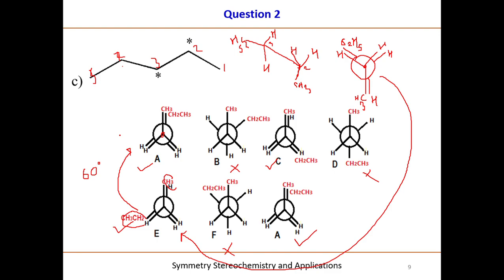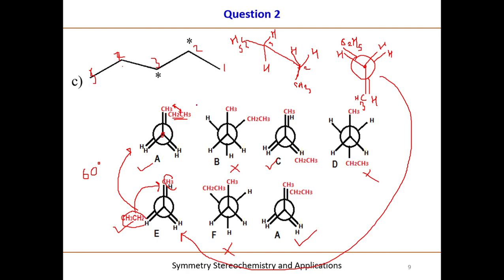If we rotate the back carbon by 60, this C2H5 comes to this side. But the energy of this conformation is very high, because CH3 and CH2CH3 are interacting with each other, and that gives high energy. High energy means low stability, and the energy barrier is high here.